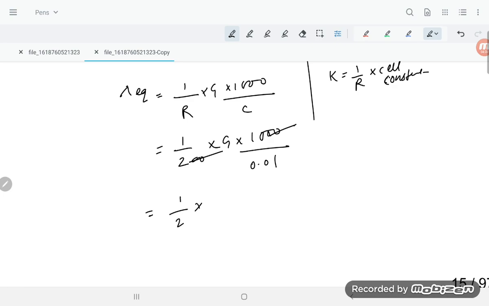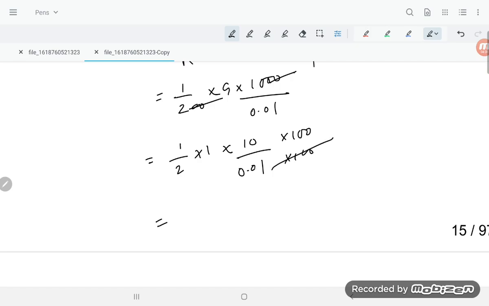So 1 by 200 into 1 into 1000 upon 0.01. So you can solve it by multiplying with 100, and you see the 20 cancels out. So 1 by 2 into 1000, it is coming to be 500. This will come in ohm inverse centimeter square equivalent inverse. So this is lambda EQ, the equivalent conductivity.